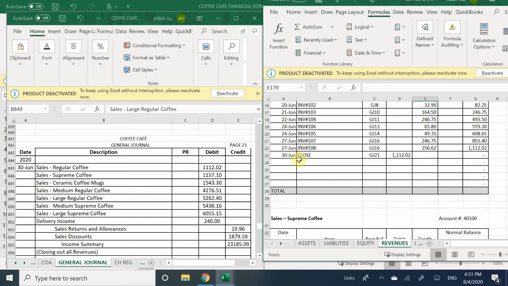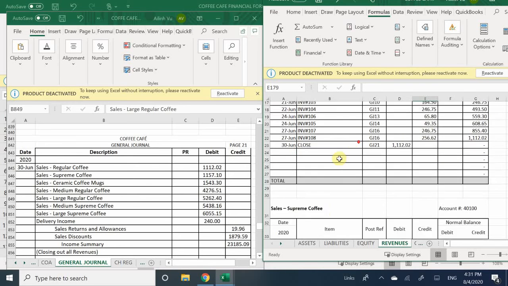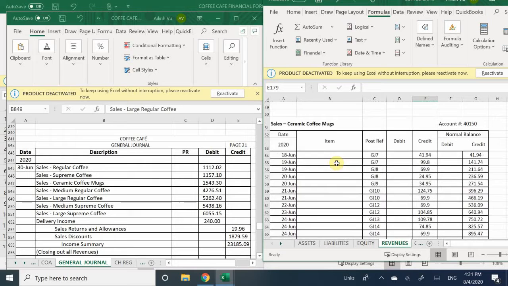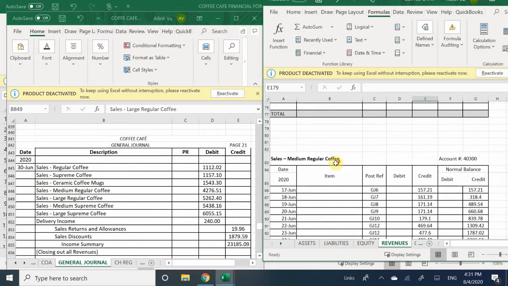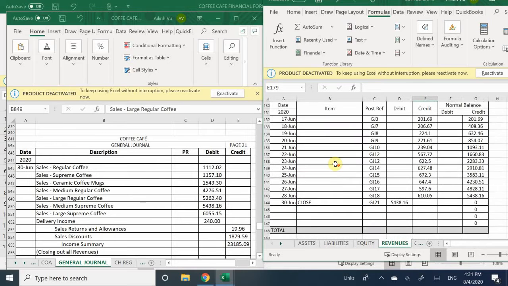I typed that in as a debit, and I've recorded it and posted it to my ledger as a debit. With my running balance, it automatically calculated it and turned it to zero. So I started recording every single entry and zeroing them out one at a time.